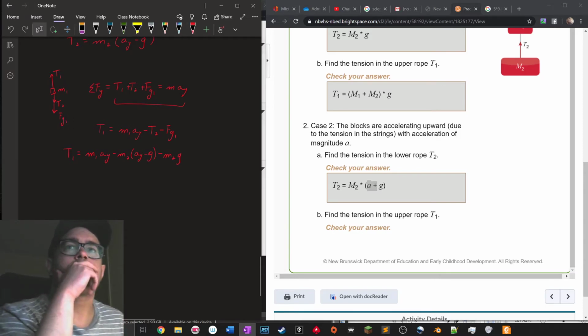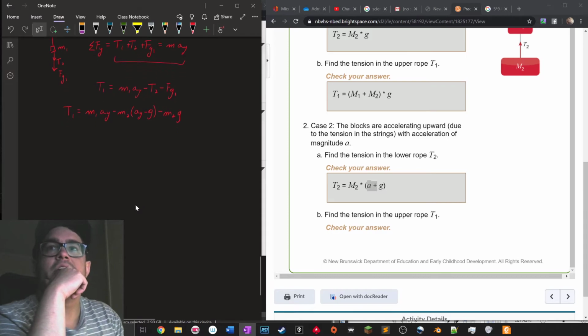Right, so FG1. Okay, let's fix that. T1, T2, and FG1. Got it. They make the mass accelerate in the y-axis. T1 is then this resulting, right? What is MAY? If you look at MAY here, what is that? That is the F net.